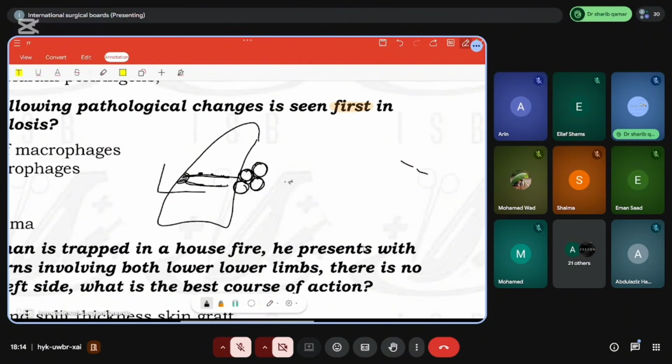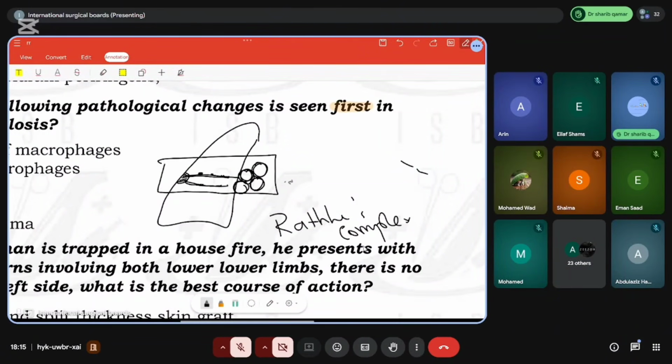As a whole, Ghon's focus, tuberculous lymphangitis, and tuberculous lymphadenitis are together called Ghon's complex. Then, if the person has very good immunity, this will resolve and become calcified. This dystrophic calcification, which happens in the tubercles, is referred to as Ranke's complex.